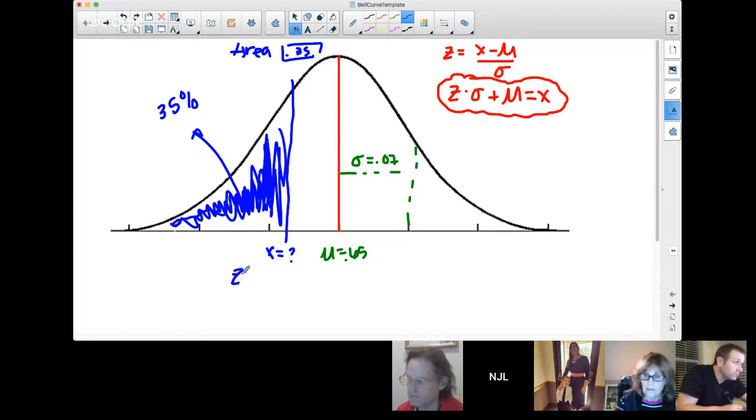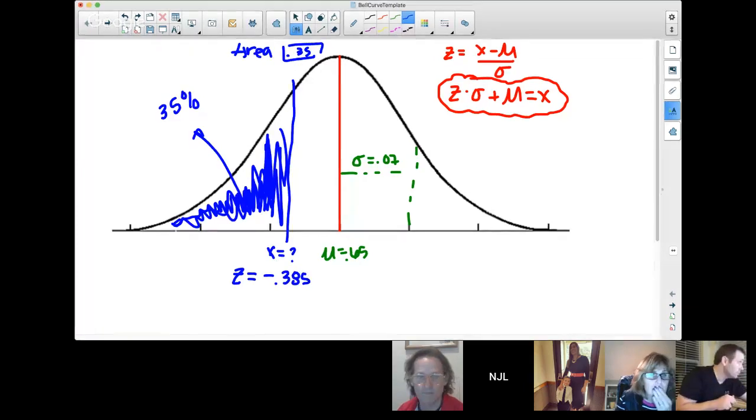Then tell me what is the z-score associated with having 35% of the area to the left. 0.385. That's what I got. It needs to be a negative. 0.385, so negative 0.385. Does everybody understand that? Yep.